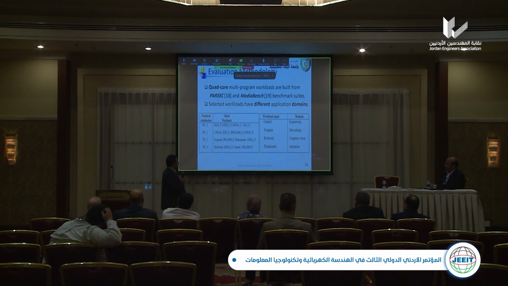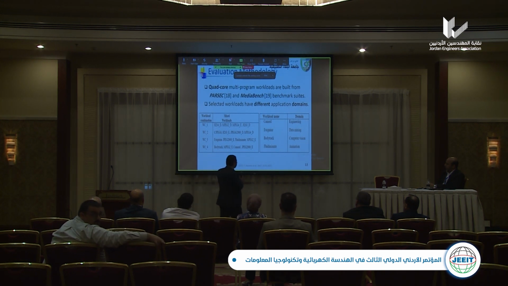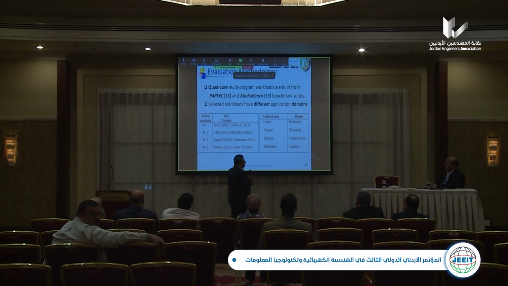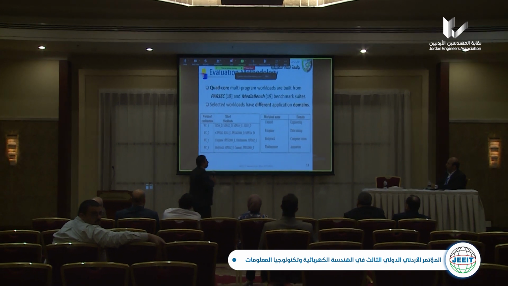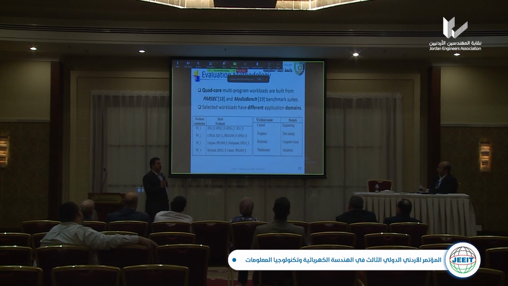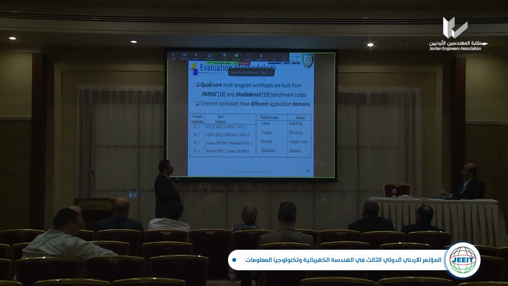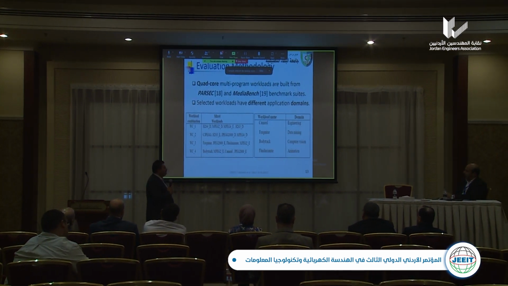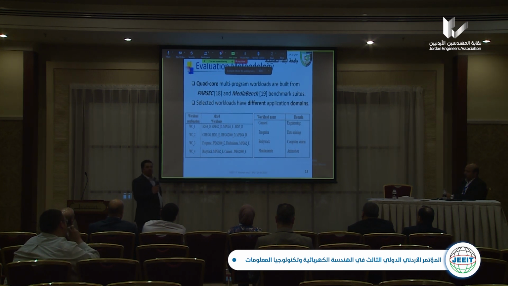It can be seen clearly that these benchmarks have different application domains. This is to prove that the proposed architecture in this paper works efficiently with a wide range of applications that have different application domains.